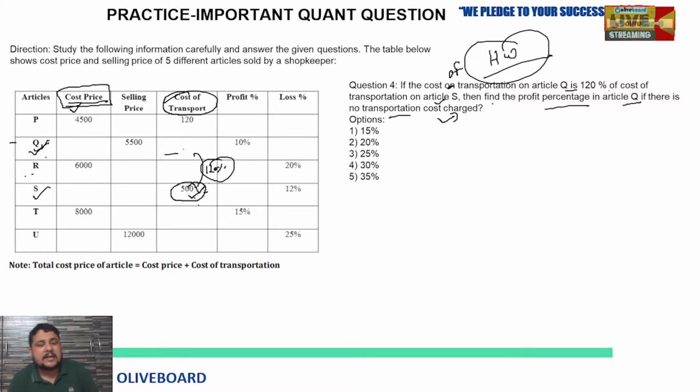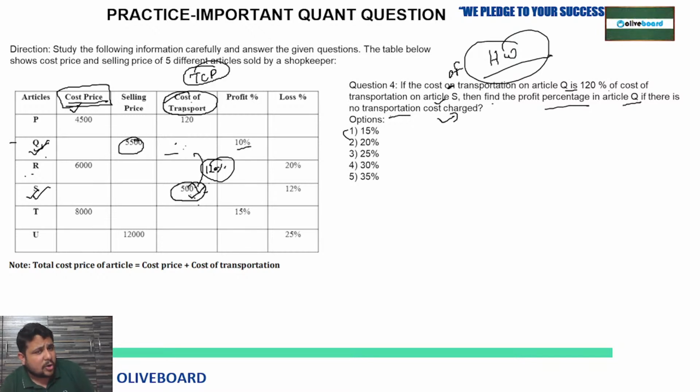Now just use the given data, because what you know here is that when transportation cost is given and cost price you don't know, but you know that cost of transport is going to be 20% more than the cost of transport of S. So you can get that total cost of transport. What is given here? Selling price, and you know profit percent. So if profit is 10% and selling price is given, then you can easily calculate total cost price.